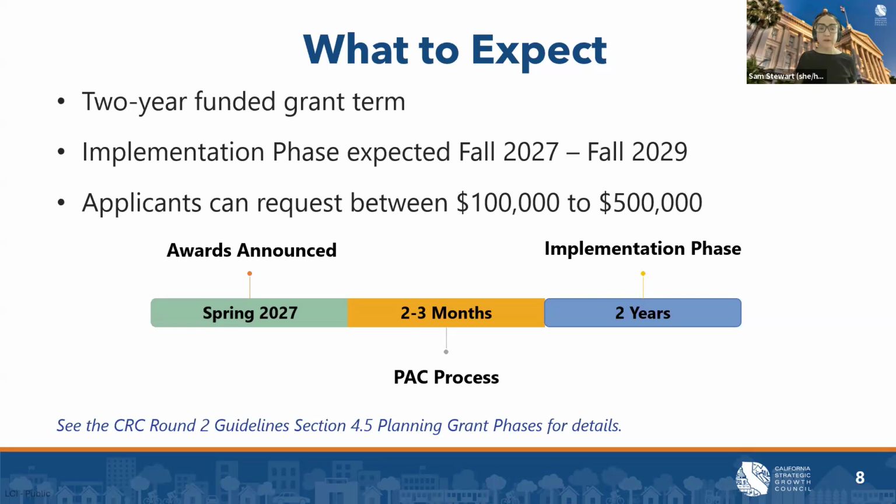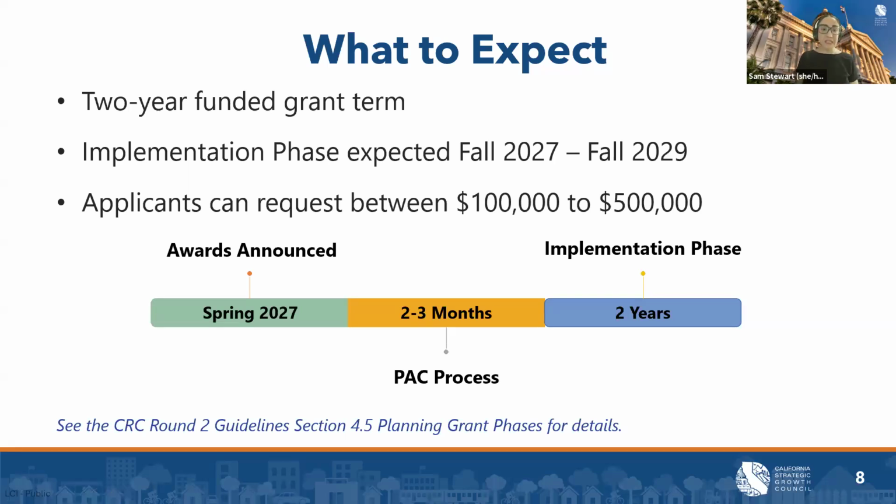This grant can fund a variety of activities in this 2-year timeframe, such as identifying and preparing project sites for future CRCs, building and sustaining local capacity, such as hiring staff or gaining access to financial or legal services, designing community engagement or developing partnerships, and much more. We highly recommend reviewing Section 4.2 Eligible Planning Grant Activities for more ideas.